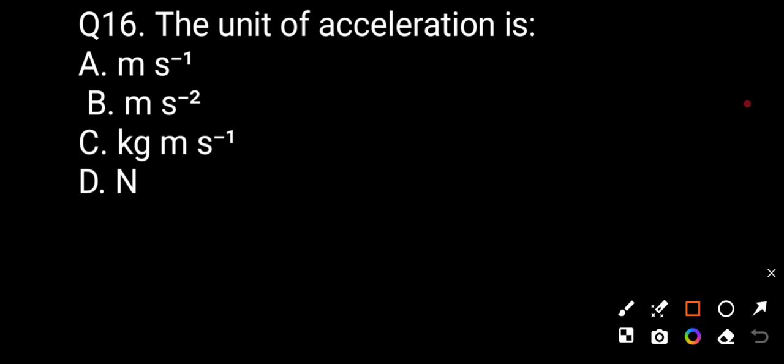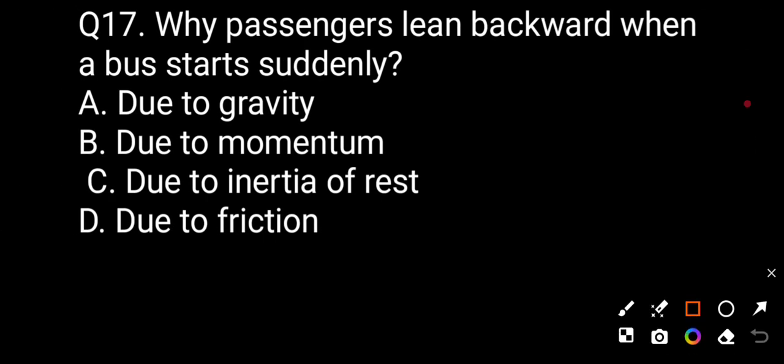Question number 16. The unit of acceleration is: meter per second; meter per second square; kilogram meter per second; Newton. The correct answer will be meter per second square. Question number 17.